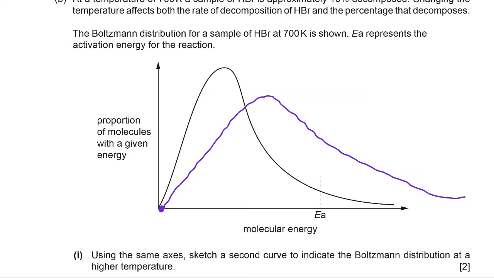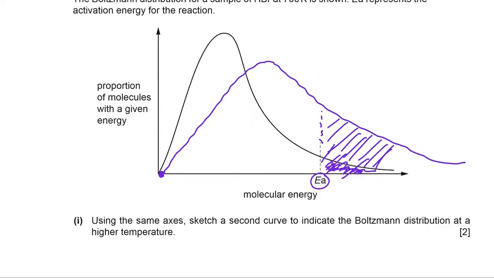So in this case, this shaded part, these molecules which have energy more than the activation energy, whose collisions are classified as successful collisions, is more than the molecules in the previous one, that means at lower temperature.